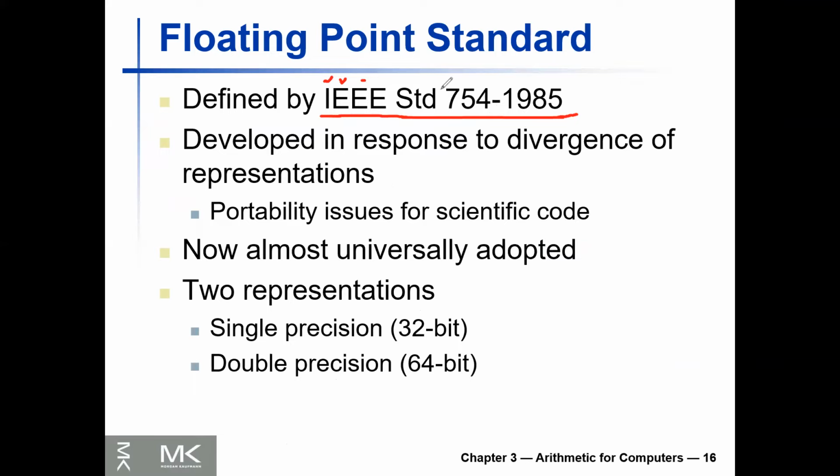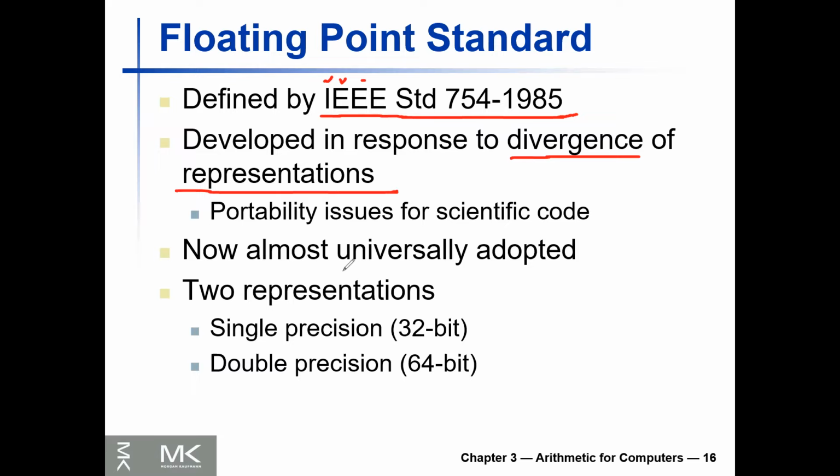It was developed in response to the divergence of representations. There were a lot of representations, so to respond, let's have a uniform representation of floating point numbers, because of portability issues for scientific code.